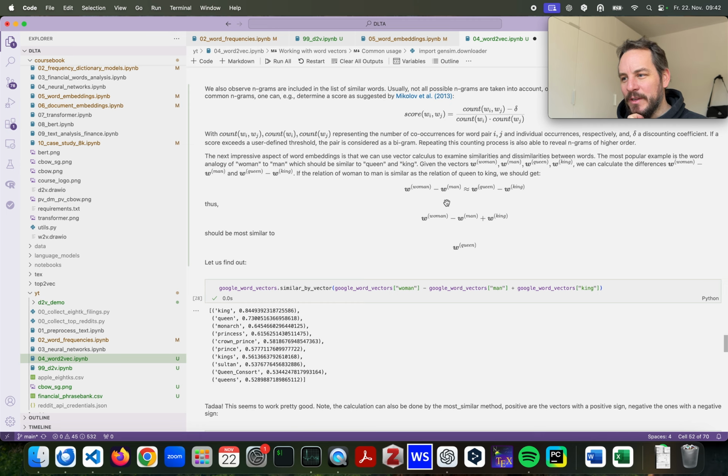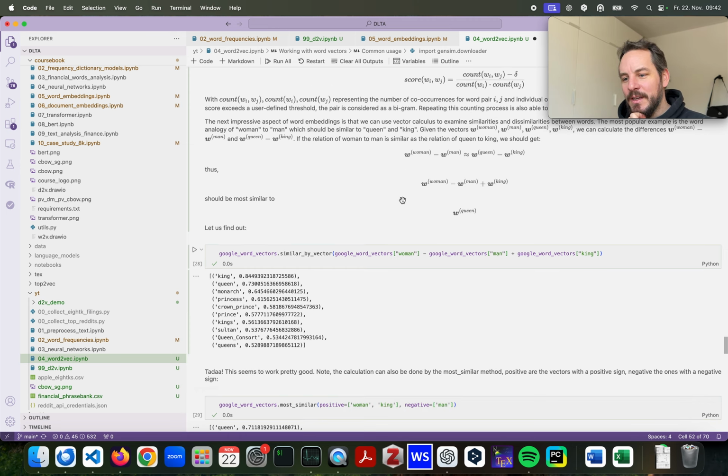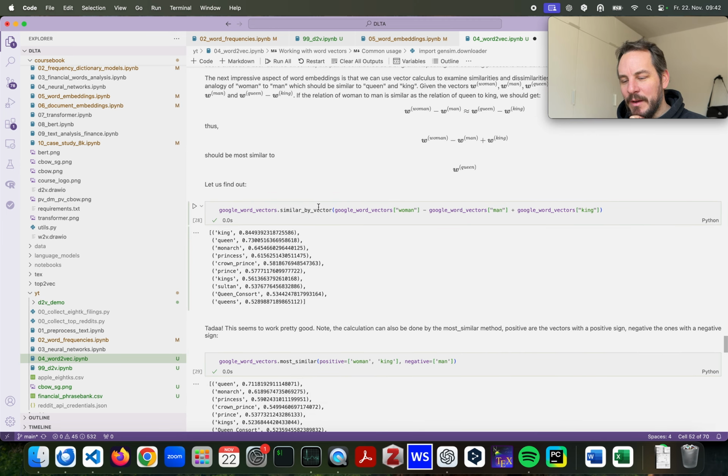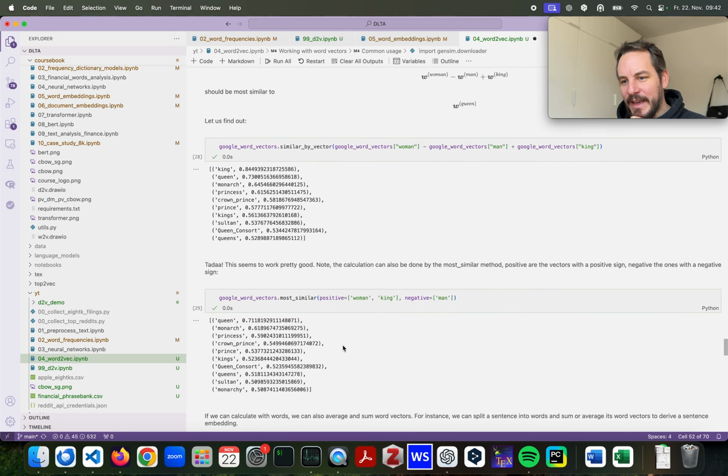And this is exactly what is happening with Word2Vec word vectors. This can be done manually, but here also with the similar-by-vector or the most-similar functions, you can calculate this, as you can see in the cells if you're interested. And this is exactly what you get here.